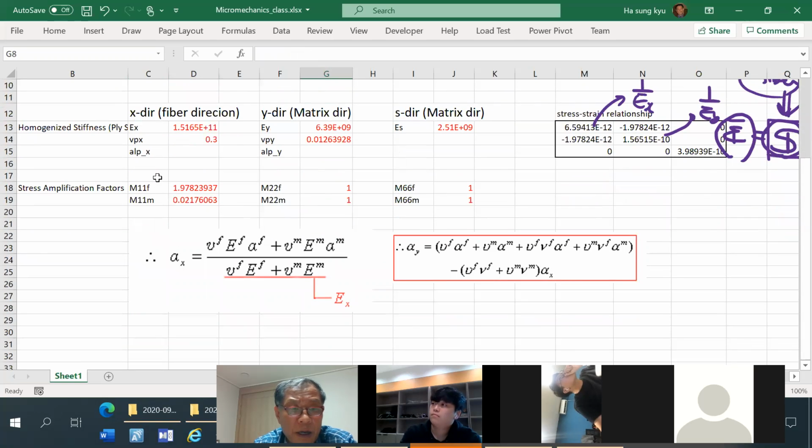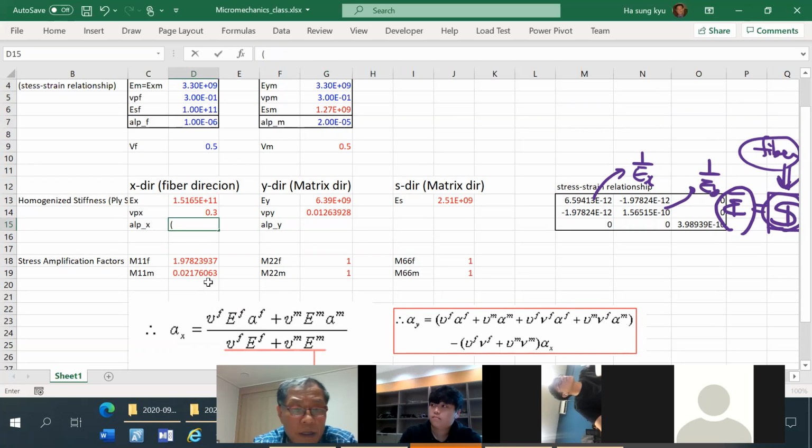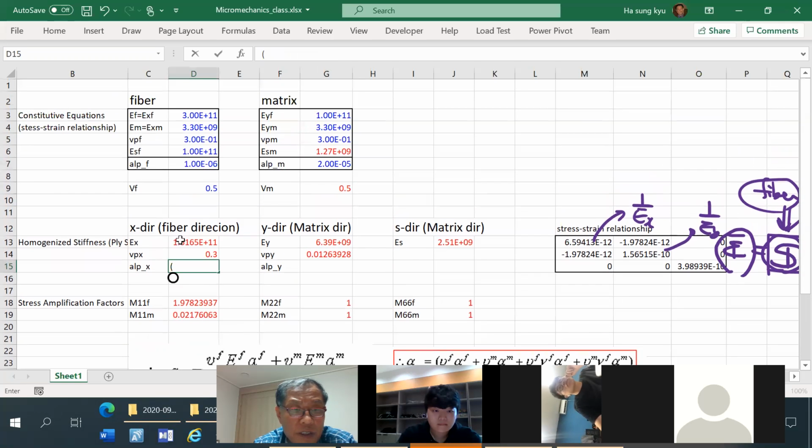So, and then alpha x is now given as, just follow this equation, Poisson's ratio, VF, is equal, and alpha, Poisson's ratio, and then multiply by EF times alpha x, alpha fiber, plus Poisson's matrix fiber volume fraction times EM.